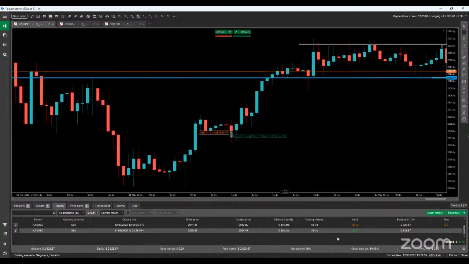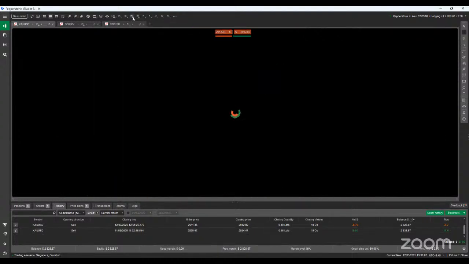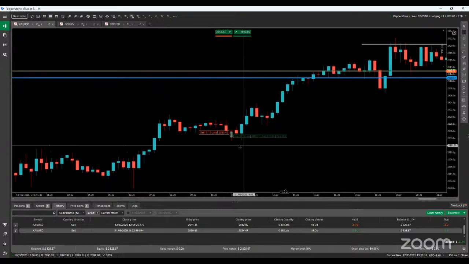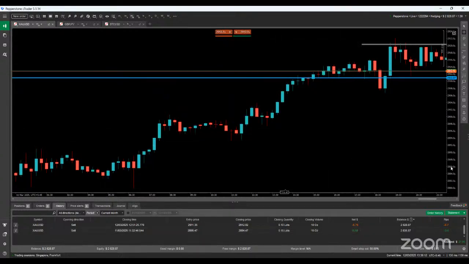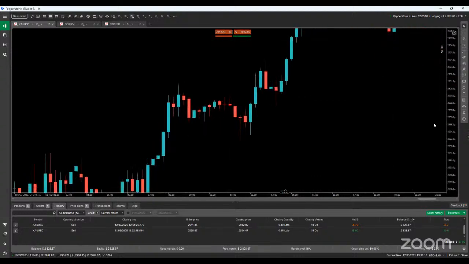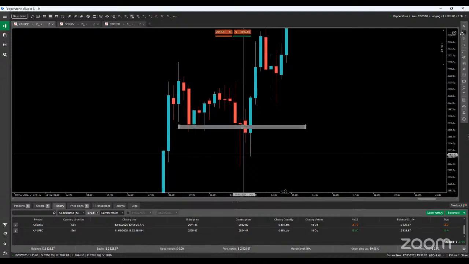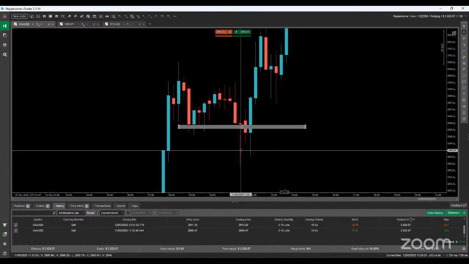And this is the trade that I took as a sell. I think this is based on the 15 minute. If you look here, at this point, it has created a support, and this is a high volume time, the pre-London session.